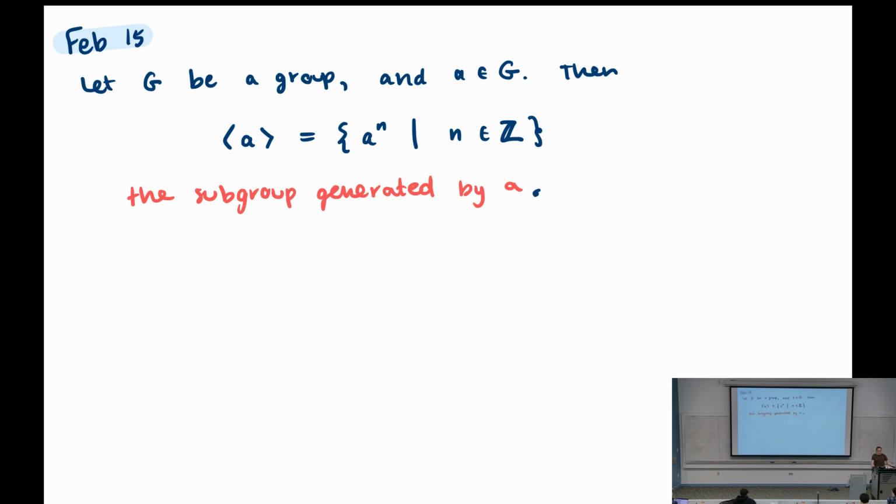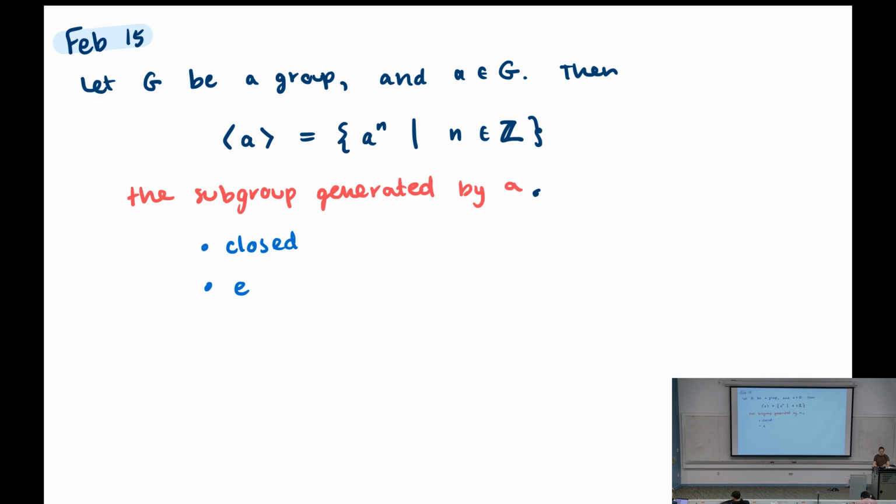Okay, so one thing is that we need to show that this is in fact a subgroup. How can we see that it's a subgroup? Does anyone see why, maybe using a subgroup test, that this would be a subgroup? Well, it's closed under the operation, because all of the elements should be in G. It also has A to the 0, so it has the identity.